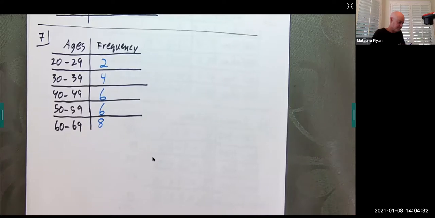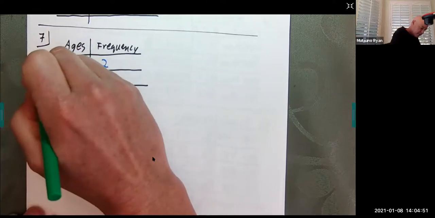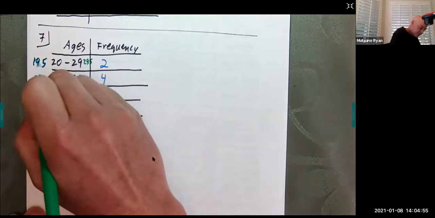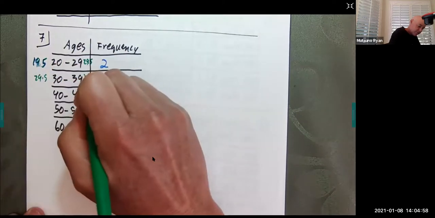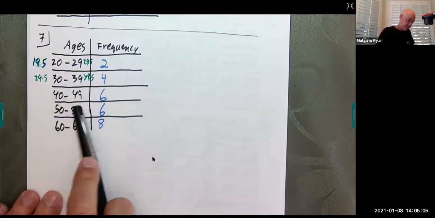So to be clear, our boundaries are going to be the 0.5. I should use a different color. Let's use green instead. 19.5 to 29.5, 29.5, 39.5, and so on. So here we go. Looks like we have 1, 2, 3, 4, 5 classes.